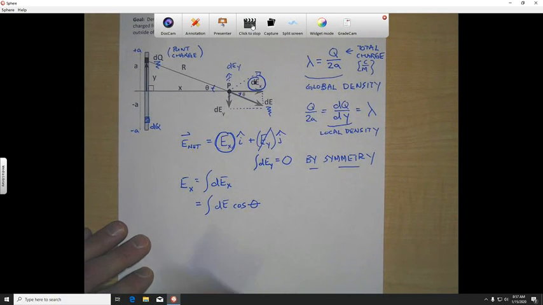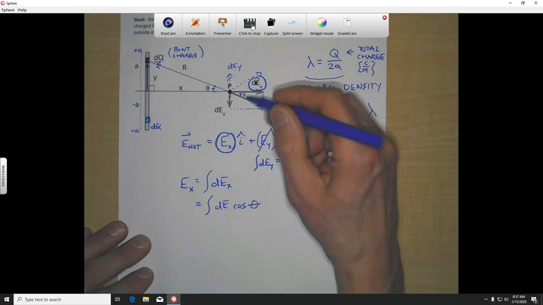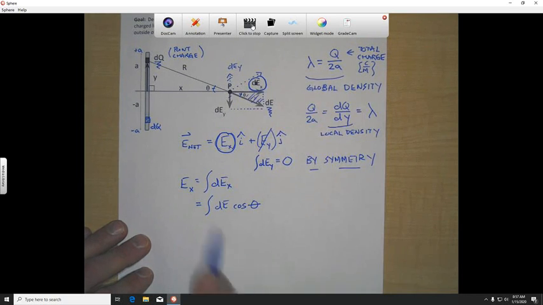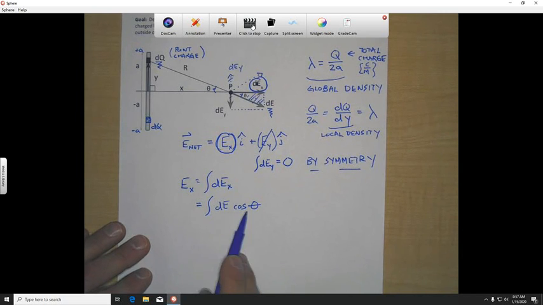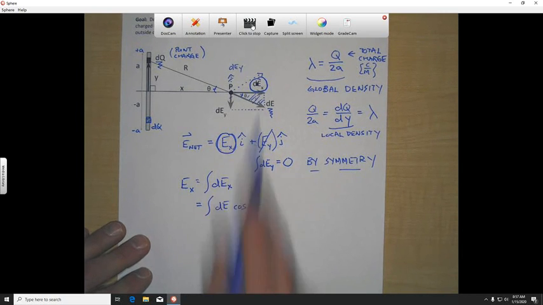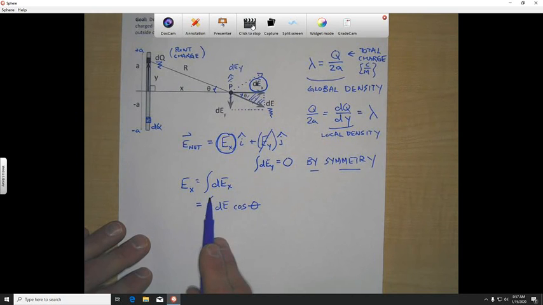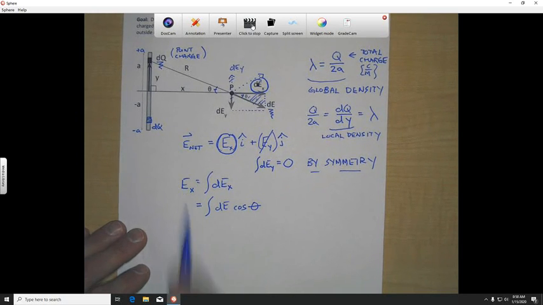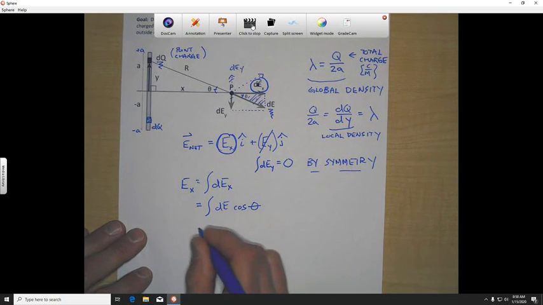Okay, so cosine theta, there it is. I'm talking about this right triangle up here. And so I can find the x component by multiplying this vector times cos theta, and then I'm going to add up all of these things to determine the total electric field in the x direction. Okay.